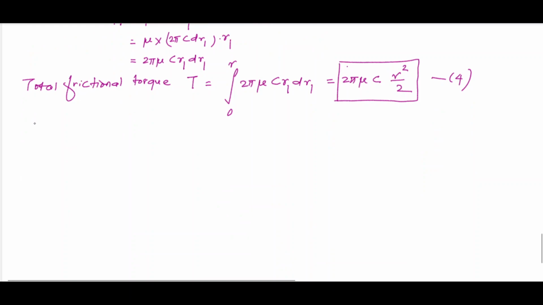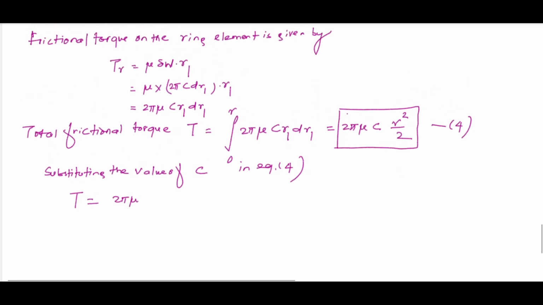Now substituting the value of C in equation 4, this total frictional torque T will be 2 pi mu, and what is C here?